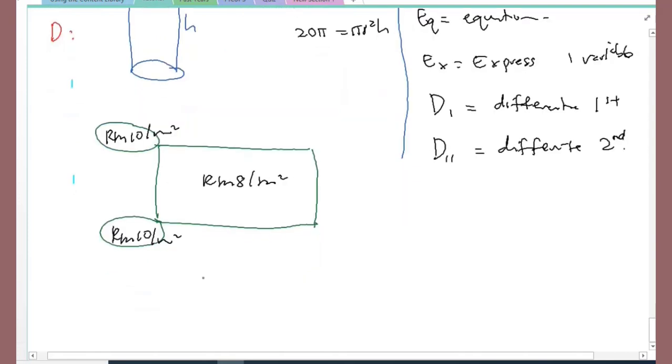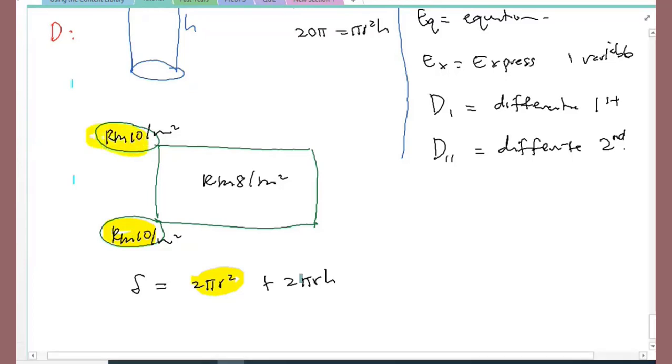So he gave the formula. Okay, write down what is given first. S is equal to 2 pi r square plus 2 pi r h. This first part, 2 pi r square, is the top and bottom.